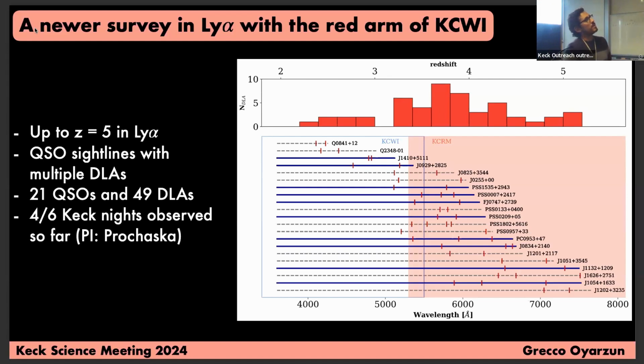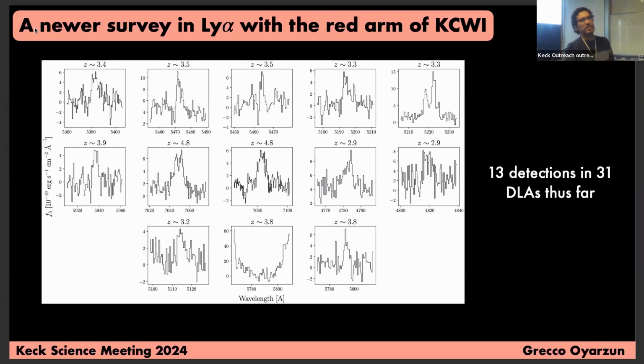This is part of a program that has been awarded so far 6 Keck nights, of which 4 have already been observed, and that have yielded so far 13 detections in Lyman alpha around 31 DLAs. You'll see some of these detections here with the redshifts of the emission and of the absorption shown at the top of each panel.